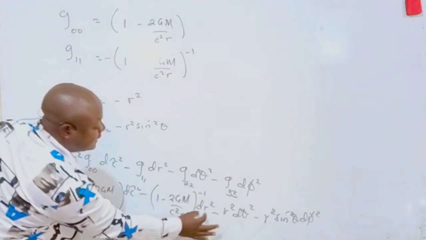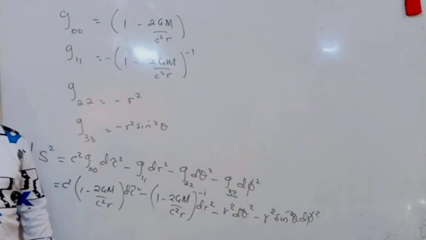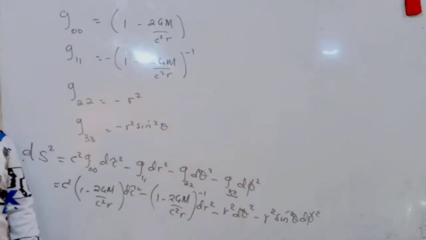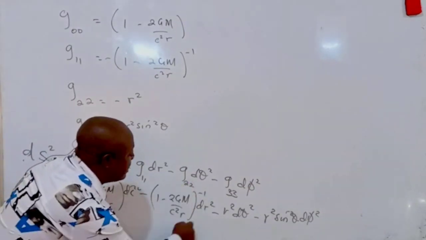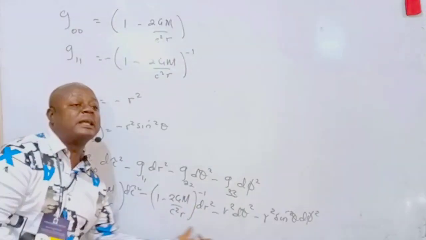So I can write this as dr squared over all of that. So what if what is at the denominator becomes 0? We have dr over 0, which is infinity.